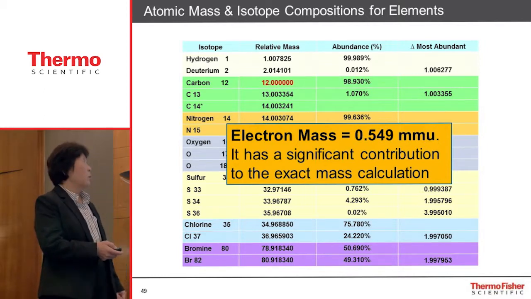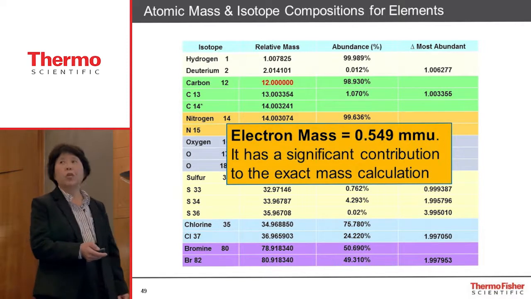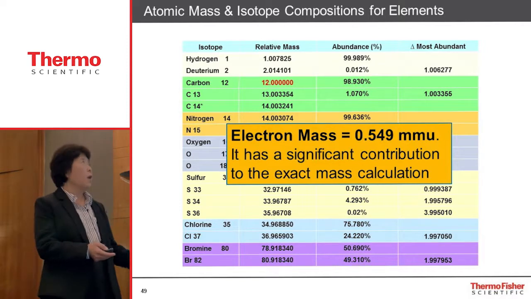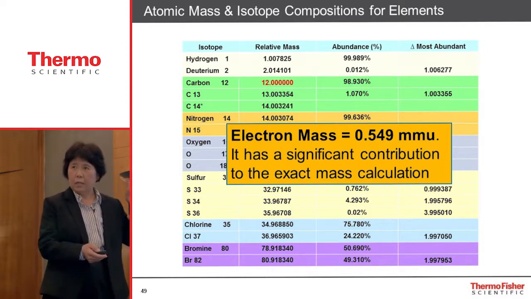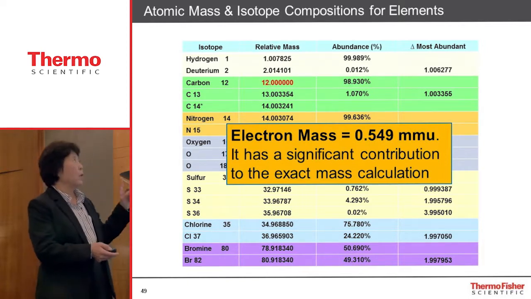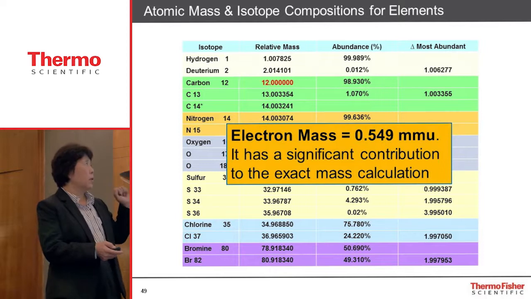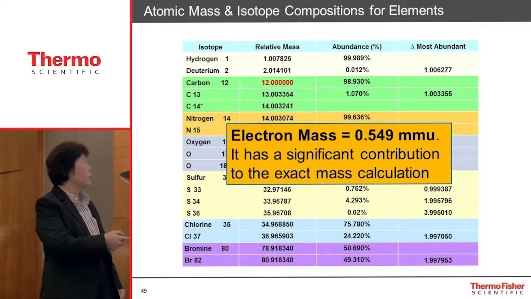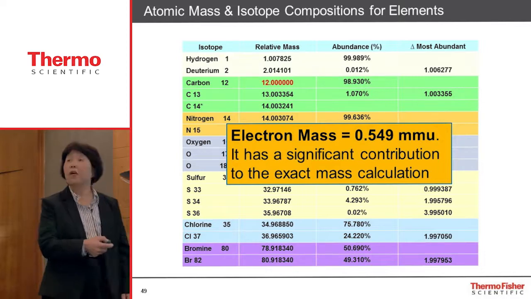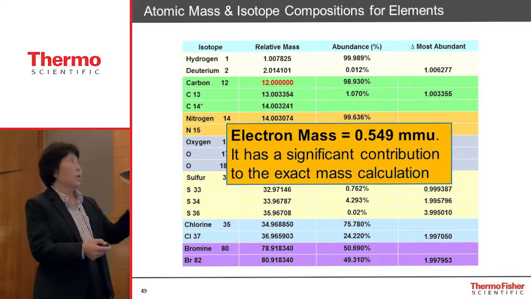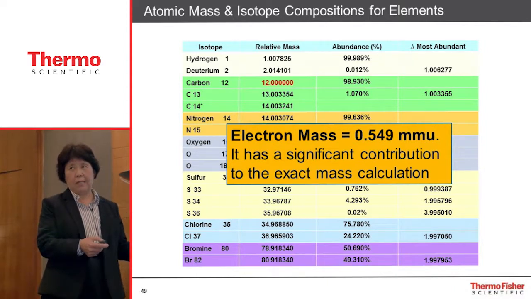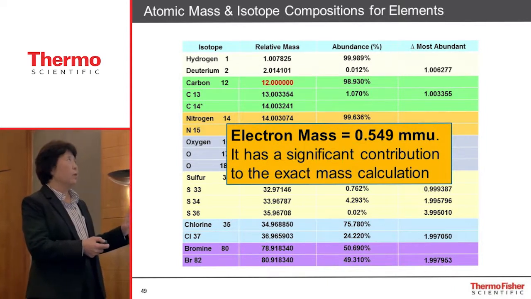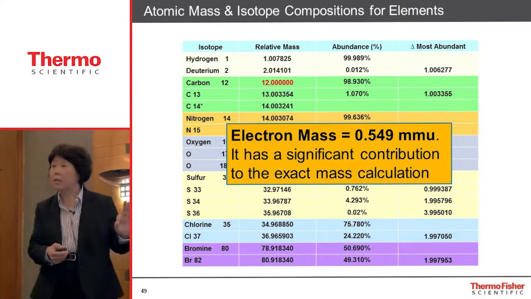Those stable isotopes have 3 unique properties. One, they have a unique atomic weight, and how accurate depends on how many decimal points you want to use. Secondly, they have a unique relative abundance. Third, the mass difference to the most abundant isotope is fixed. So these unique properties we call nature's fingerprint.